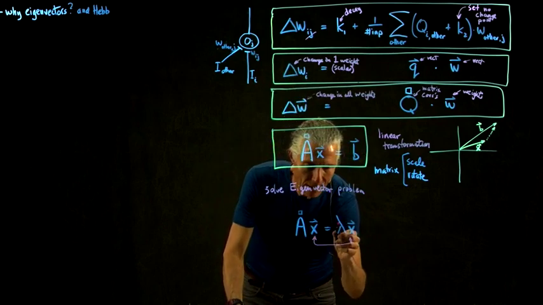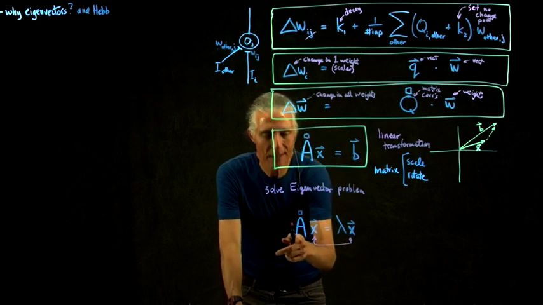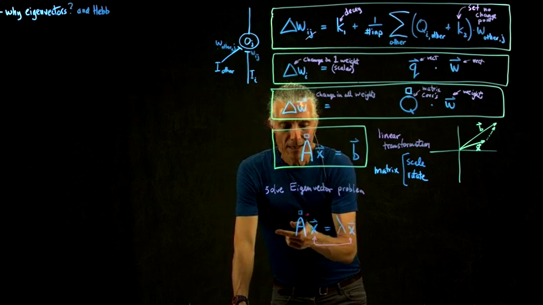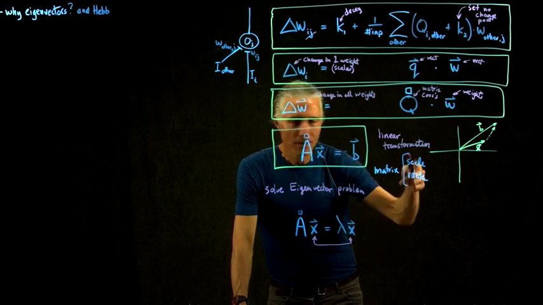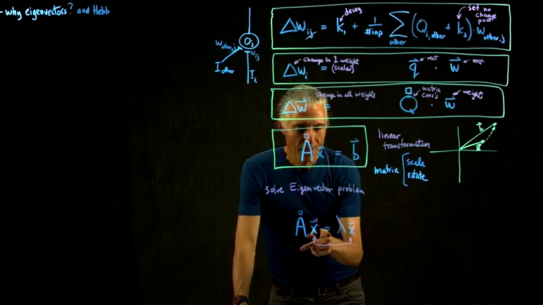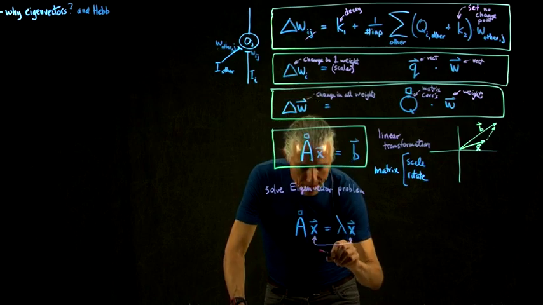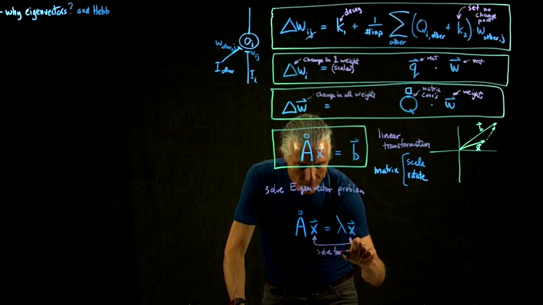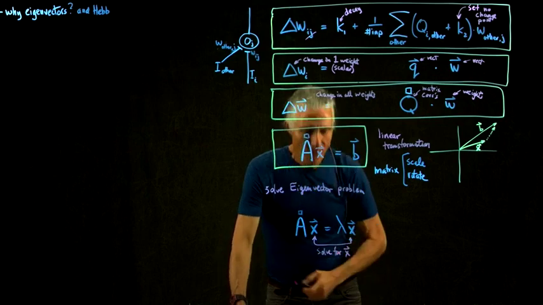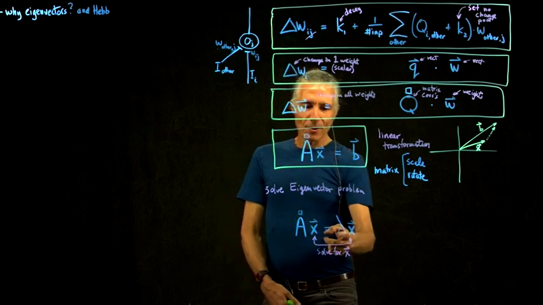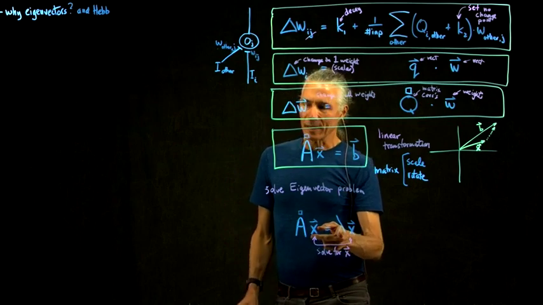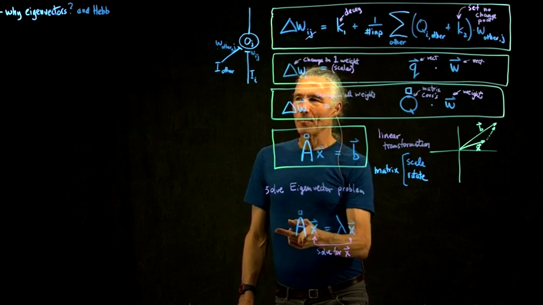Lambda is just a number. This equation says a matrix operated on a vector, and it might have scaled or rotated it. And then what I want to find is a vector. This is the unknown, so solve for x. What I want to know is, find me a vector that only stretches or shrinks when this matrix operates on it.